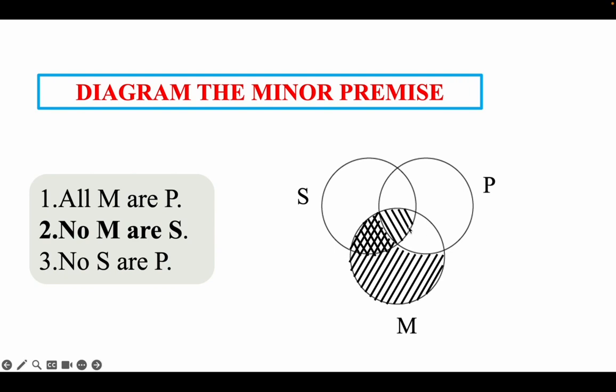See? Okay. Now your diagram looks like this. There's a lot of shading here and there. Now the question is whether the conclusion, no S are P, shows up as a result of my diagramming the premises.